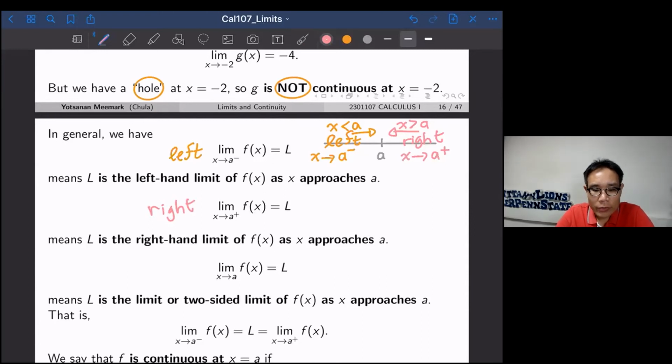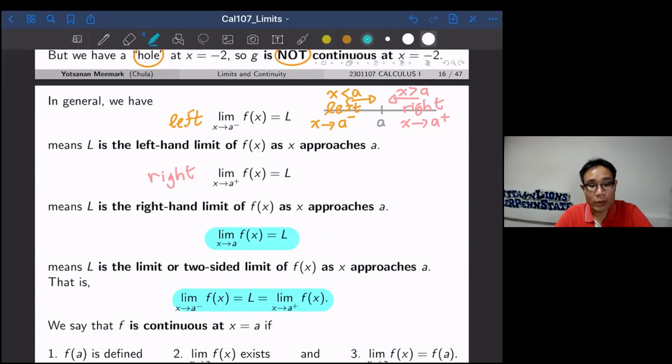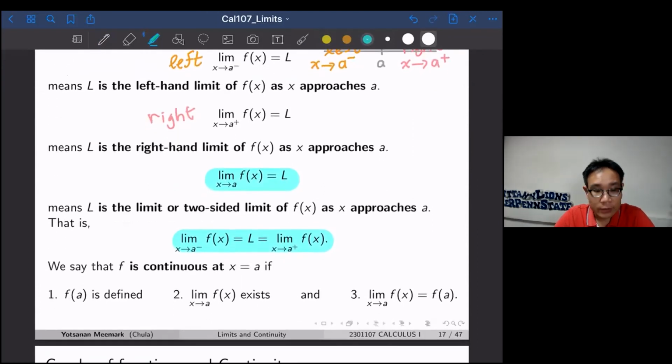And if you have the left limit equal to the right limit, you're gonna have another notation for the limit: the limit from the left equals the limit from the right. So we just write down the limit as x goes to a of f(x) equal to L. And we're gonna have f is continuous at a.